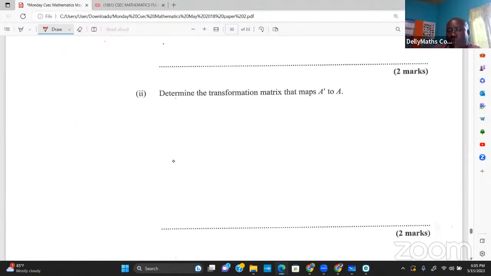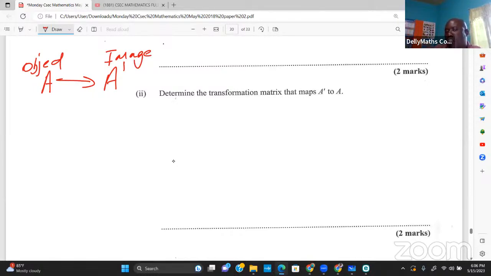Now, look what we did. We had a point, we operated on it, and we got the image. So, for example, this is our object, and the result after we transform it, we got that. Now, look what they want from you.